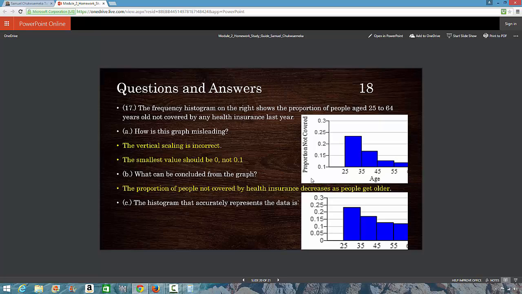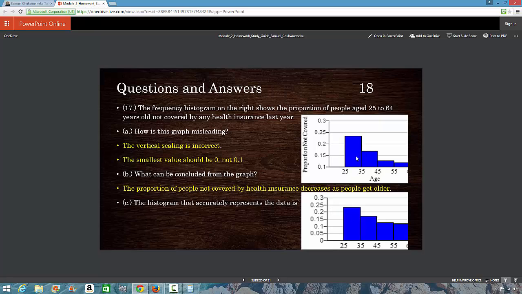There is something misleading about this. It doesn't have a uniform scale. This should have started from 0, and then it should have a uniform scale, which it does not have. So this is the misleading graph, and this is the correct graph.